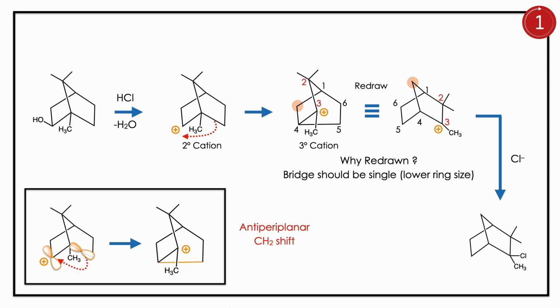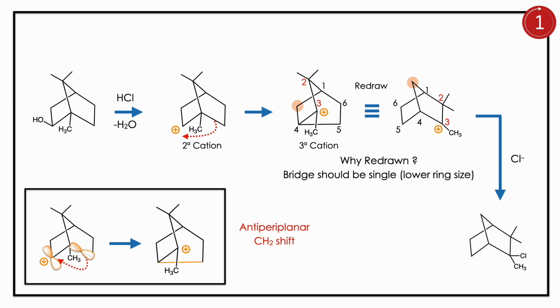Here, the cation in the bicyclic system, as we discussed already, is a non-classical carbocation. The transposition migrates because it is in the perfect anti-periplanar position. A methylene shift happens, and you have a non-classical stable cation. The cation is at the bridged carbon, but the bridge has vanished.